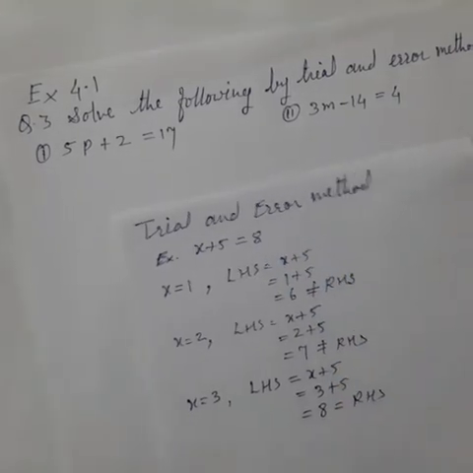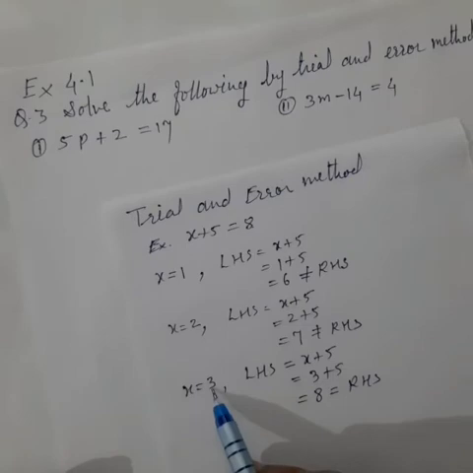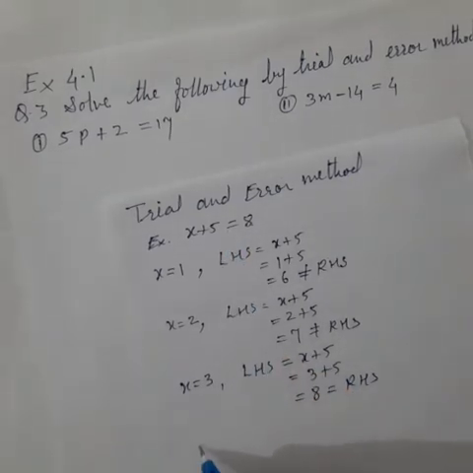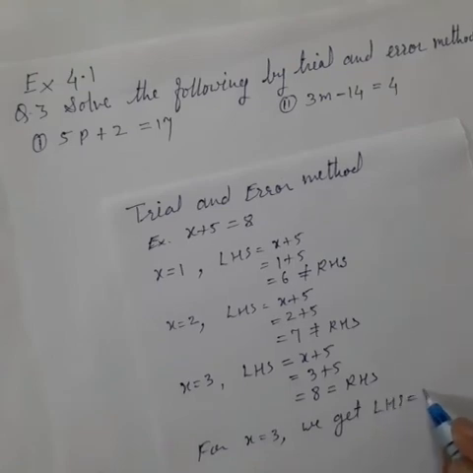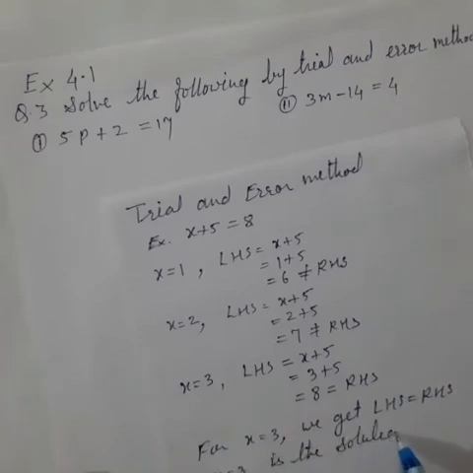So it is equal to 8. So x equal to 3 is the solution of this equation because for x equal to 3 we get left hand side equal to right hand side. Therefore x equal to 3 is the solution of this equation x plus 5 equal to 8.